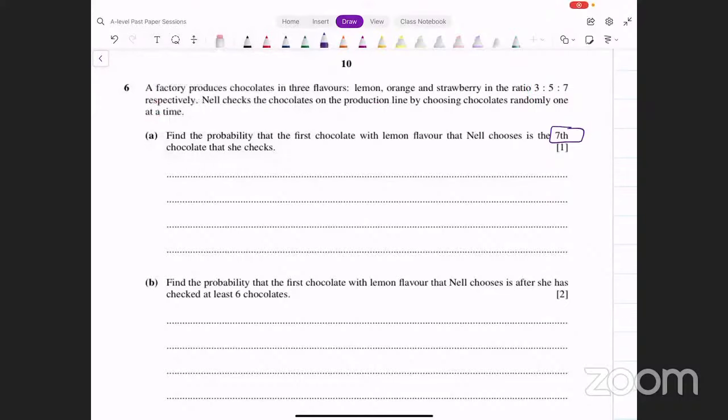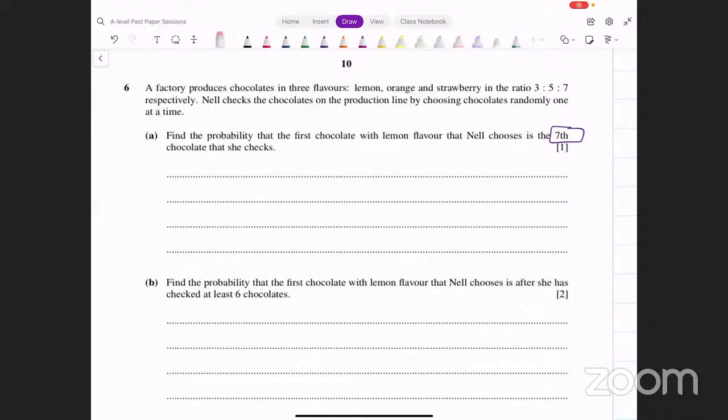Number of total chocolates, that's not given. सिर्फ ratio पता है आपको. The total number of chocolates is large, that's huge. So एक chocolate निकालने से ये वो without replacement वाला case नहीं बन जाएगा. Although it's without replacement, लेकिन probability आपकी change नहीं होगी. क्यों? क्योंकि आपका जो impact होगा एक chocolate निकालने से, that's going to be negligible.